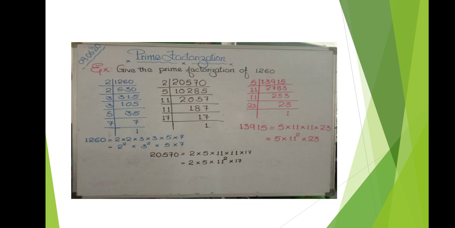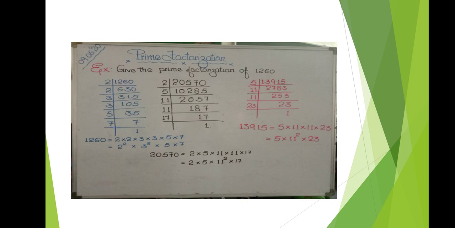Next, one example. Give the prime factorization of 1260. The least prime number is 2. If we divide by 2, we have 630. I hope you know how to divide. 6 2s are 12. Then again 6 we have, that is 3 2s are 6. And so on.